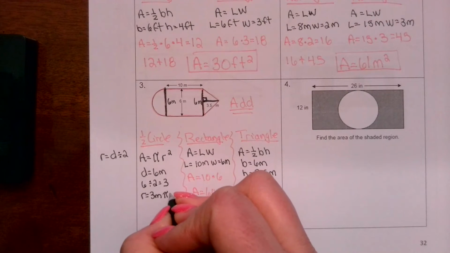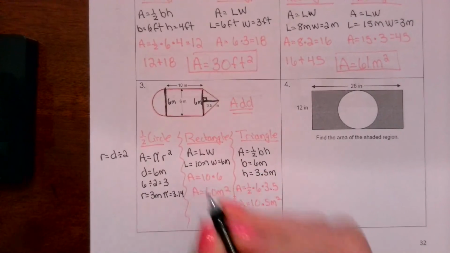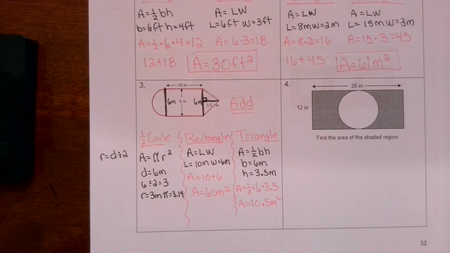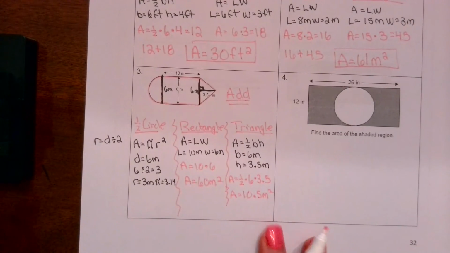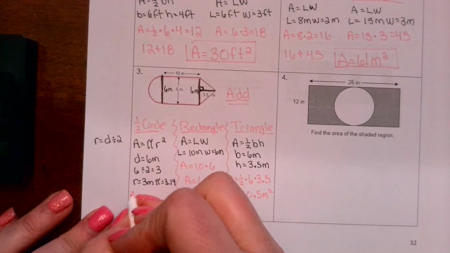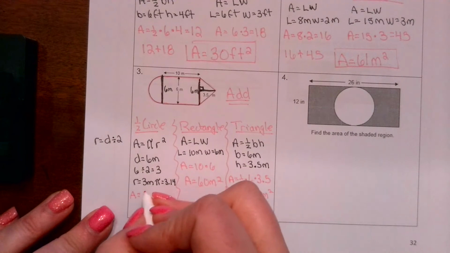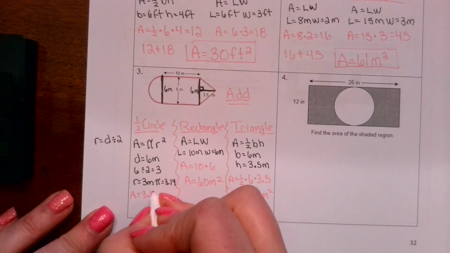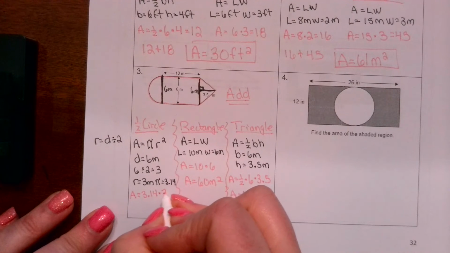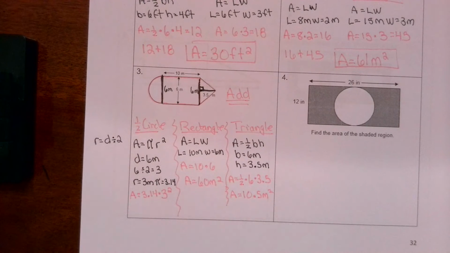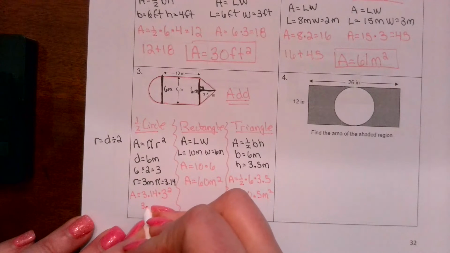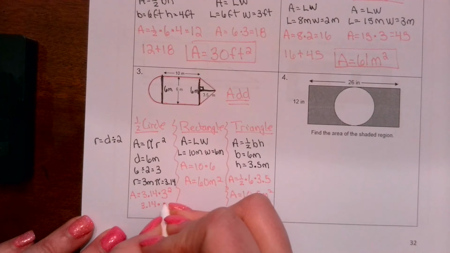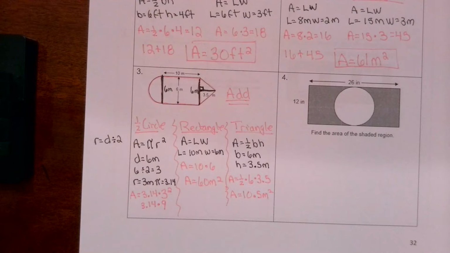And we will use 3.14 for pi. Now I'm ready to calculate this and fill in this formula. So the area is going to equal 3.14 times the radius squared. Order of operations does tell me I must square it. So I get 3.14 times 3 squared, which is 9.